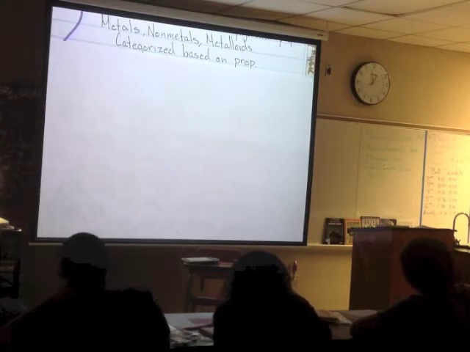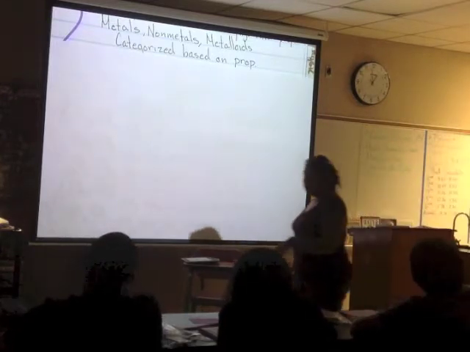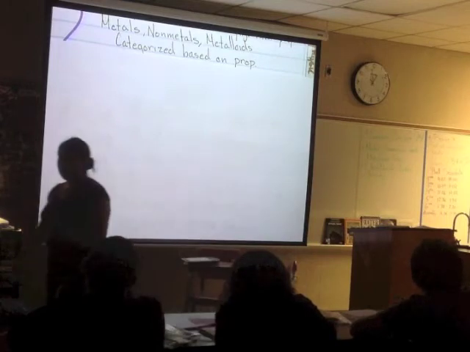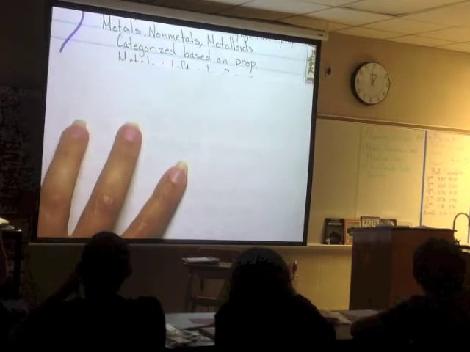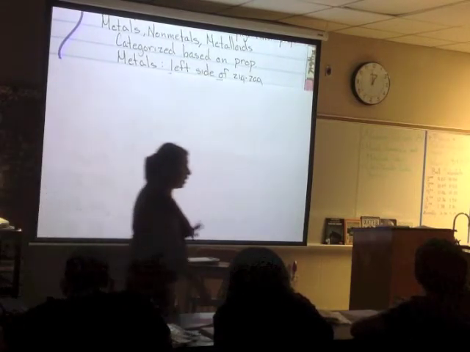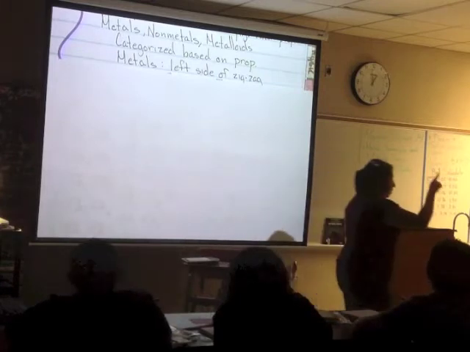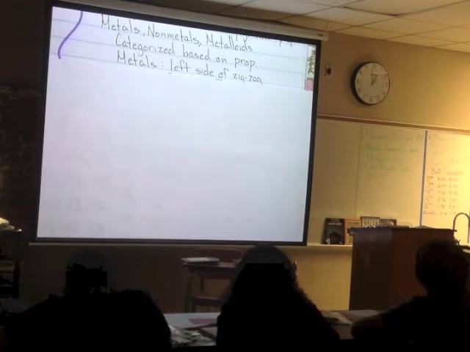If you colored the same colors that were in the book, you colored blue for metals, green for metalloids, and yellow for nonmetals. Most of the blue were on what side of the periodic table? Towards the left. So metals are on the left side of what we call the zigzag line. If you saw those greens, they kind of made a zigzag line over towards the right side of that periodic table.